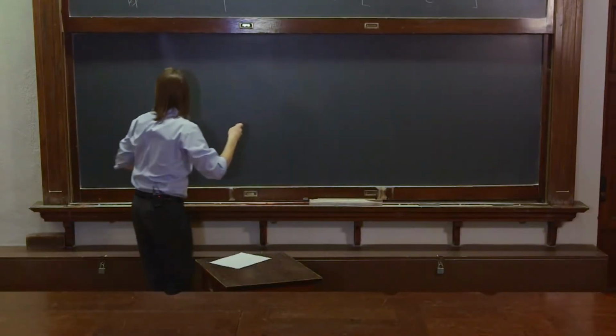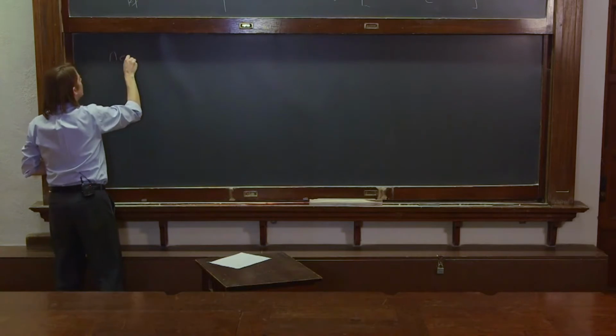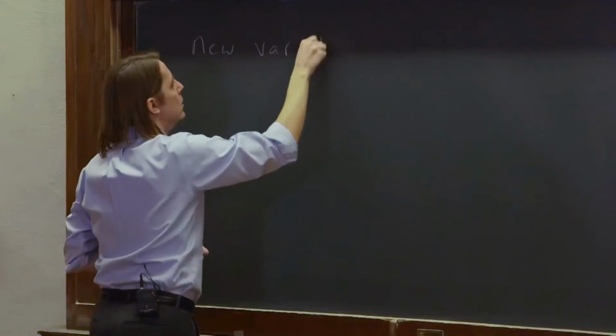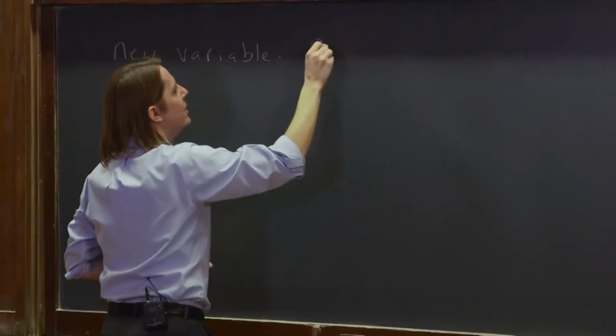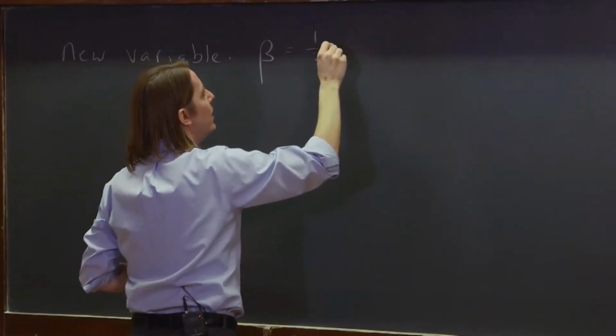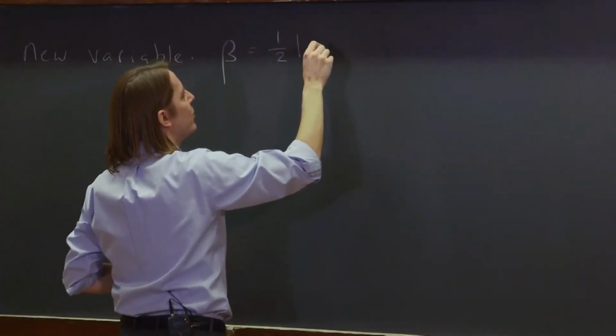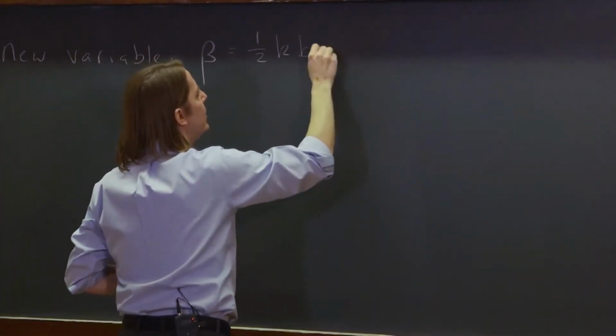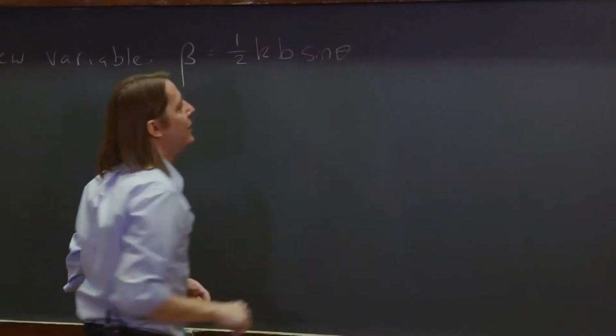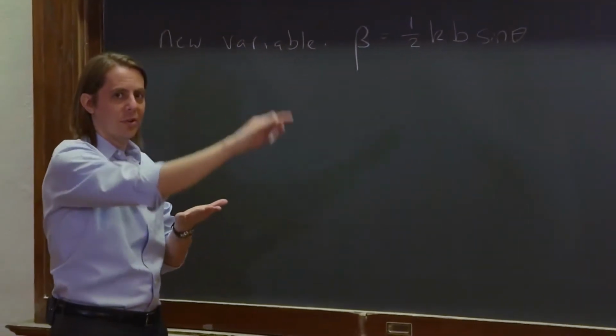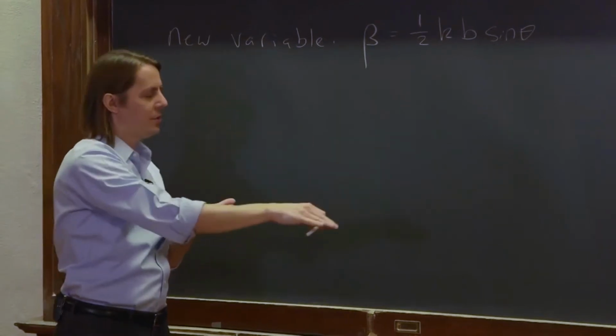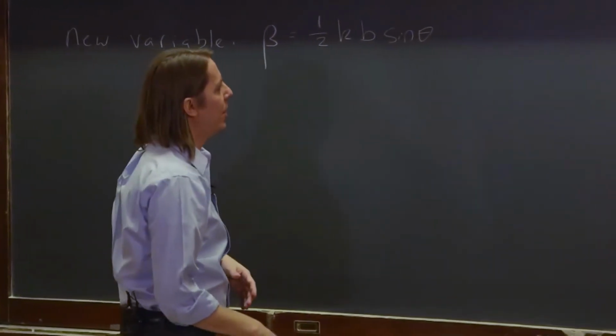So what we're going to do is rewrite this with a new variable, beta, and make beta equal to 1/2 k, 2 pi over the wavelength, b, the width of the slit, sine theta. And for now, sine theta really is the position on the screen. Right? That's the angle at which the light is going to go. It tells you where you end up on the screen.